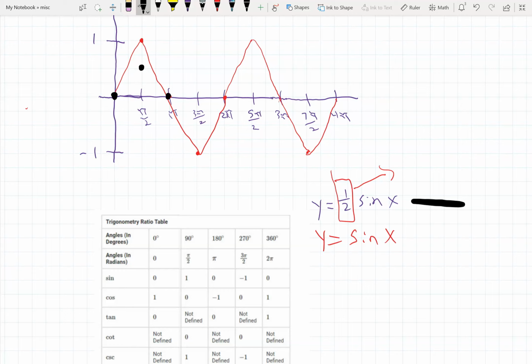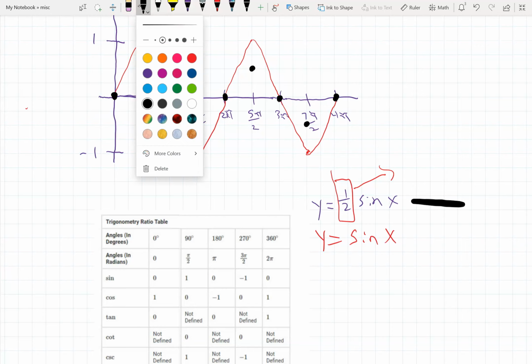Half of 0 is still 0. Half of -1 would be -1/2. Half of 0 is 0. Half of 1 is 1/2. Half of 0 is 0. Half of -1 is -1/2. Half of 0 is 0.